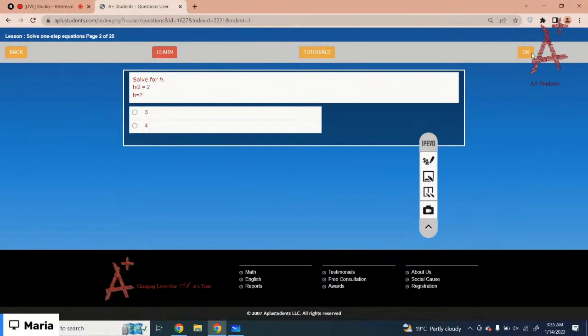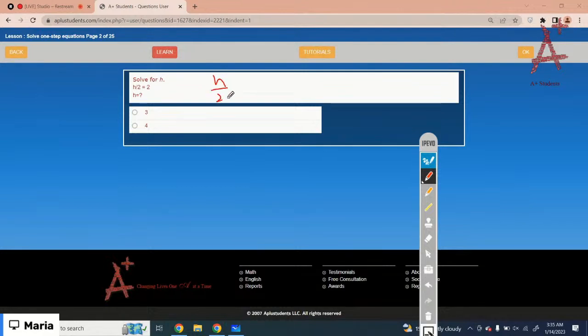Okay, the next one is h divided by 2 equals 2. So here you have to solve this equation for h. 2 is dividing h, so the inverse of division is multiplication.